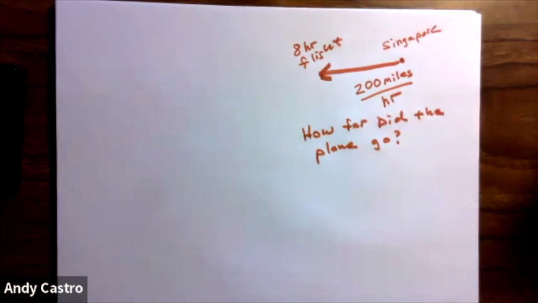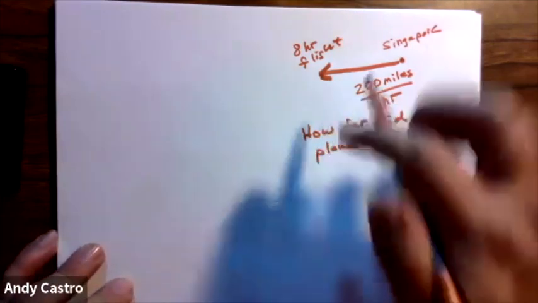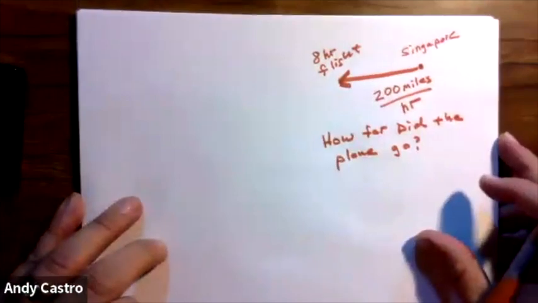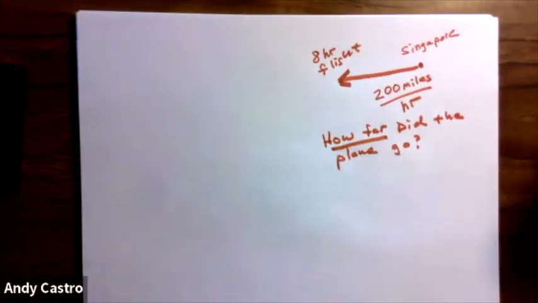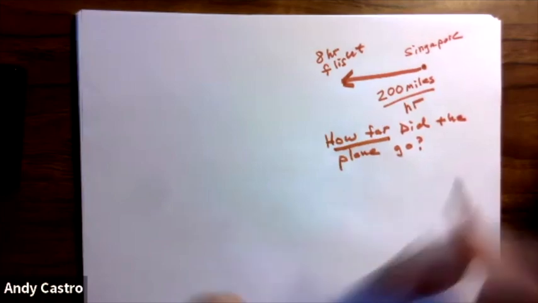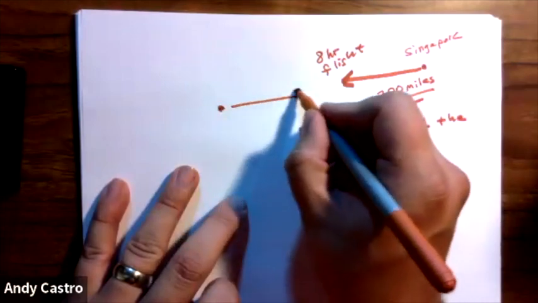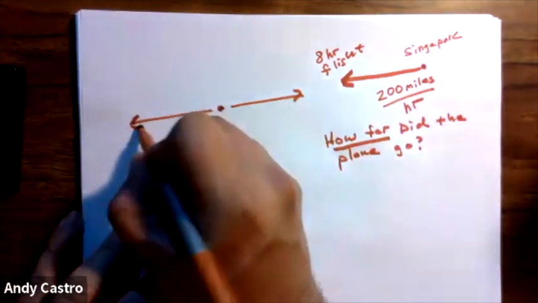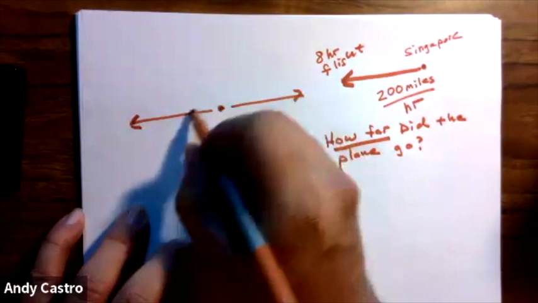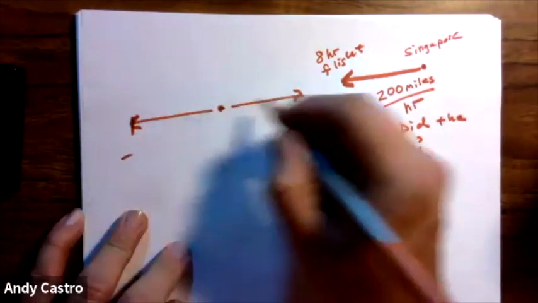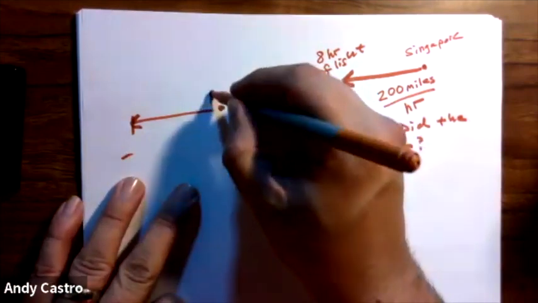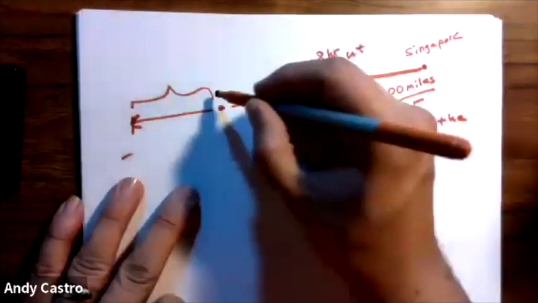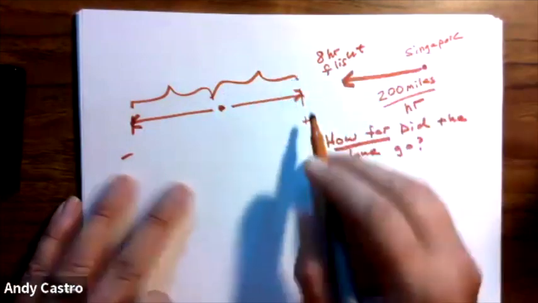All right, so it's the same equation, even though we're going in a different direction. We're just looking at distance, how far, and that's an absolute value. So if this is Singapore, if you go this way or this way, and let's say this is a negative number and this is a positive number, the absolute value is the question that we're asking. How far are we from the origin?